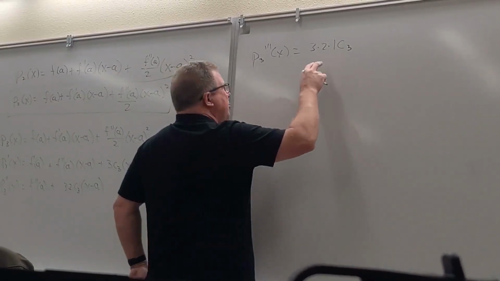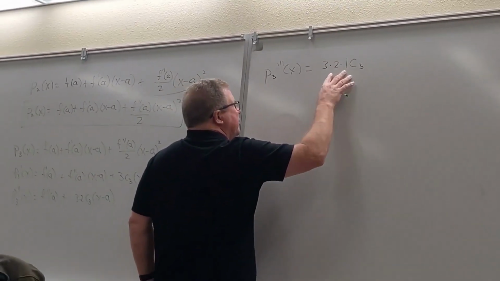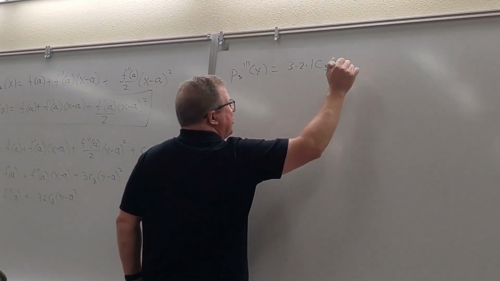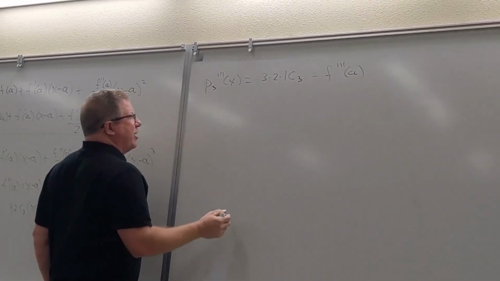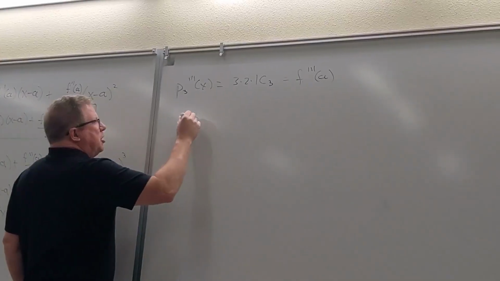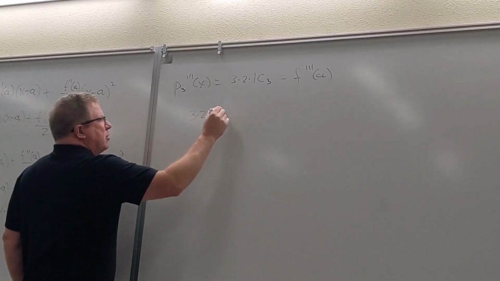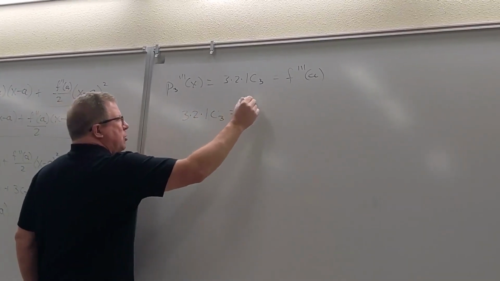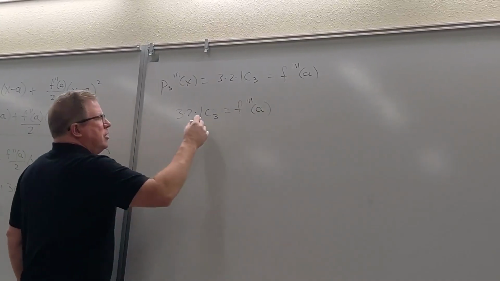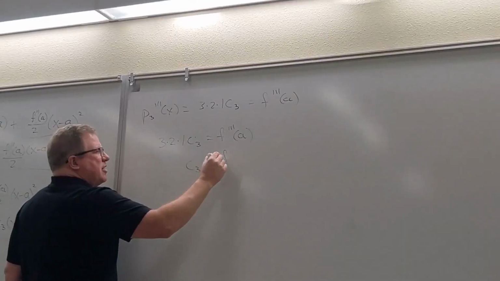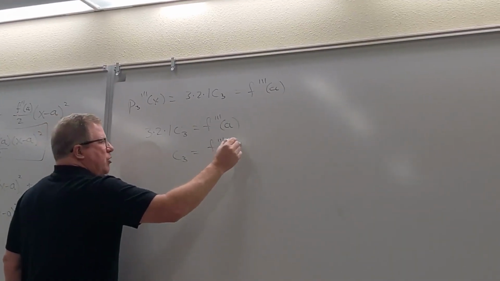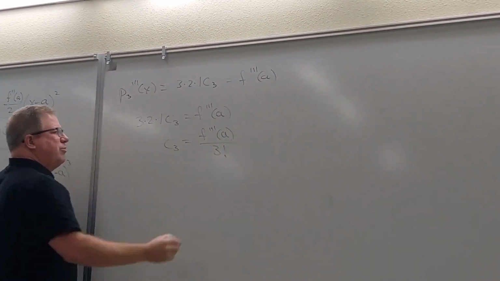So the requirement is that this is equal to the third derivative of the original function evaluated at a. So 3 times 2 times 1, C3 has to equal f triple prime of a. Divide this by that, C3 is f triple prime of a over, I'm going to write it as 3 factorial.